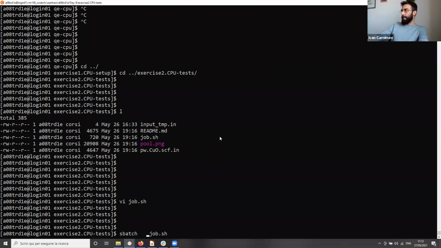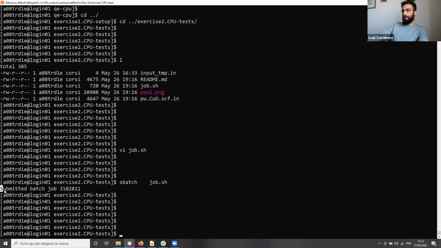It will tell you submitted batch job, and this is your job ID. So it means that job submission has gone, and you can check the status of your job with squeue -u user ID.